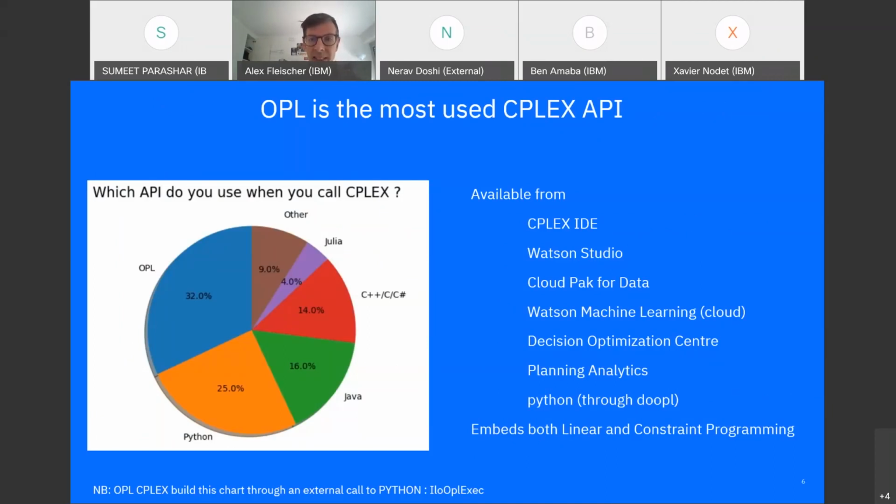And as Sumit said, you can use OPL from the IDE, from Watson Studio, from Cloud Pak for Data, in Watson Machine Learning, in Decision Optimization Center, on top of Planning Analytics, and in Python through our DoOPL framework. So it's very easy. You can call OPL from many different places. And in OPL, you can both use linear programming and constraint programming.